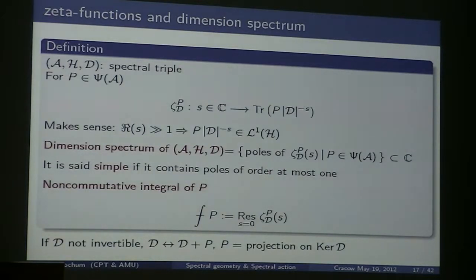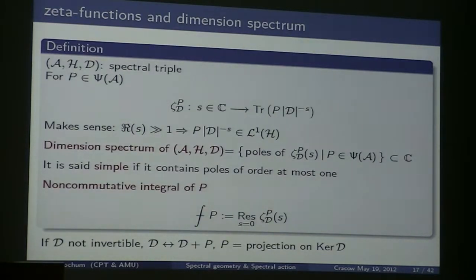So when you have a spectral triple, you know what is a pseudo-differential operator, and you have this map, what we saw before, which is a zeta map, and this makes sense. This is a real number if S is large enough.